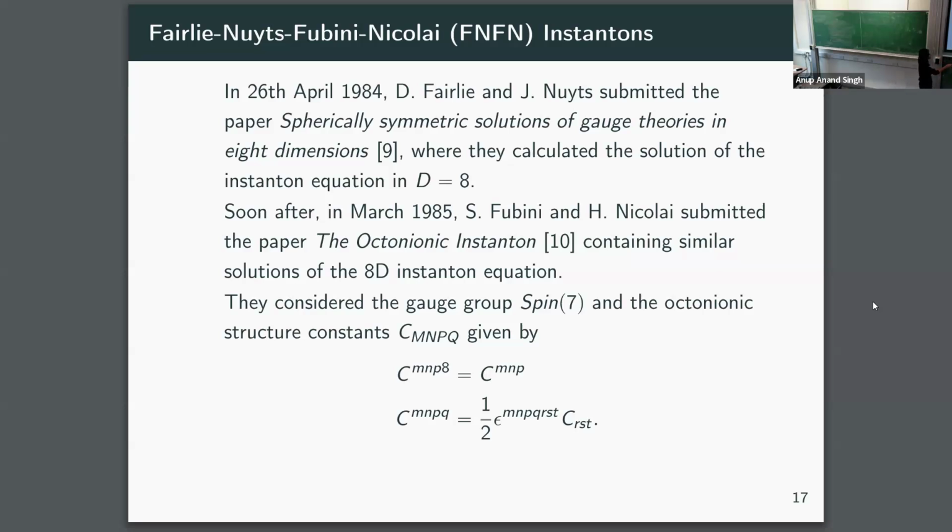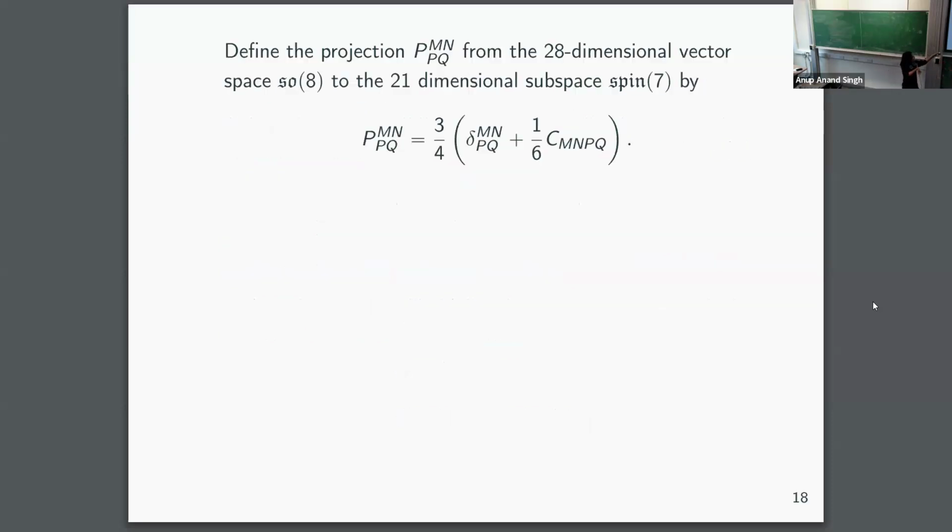Actually, C_MNP is the octonionic structure constant, and you can cook up the C_MNPQ from that using this condition. So this thing is just the Hodge star of the 3-form with these coefficients, and this is how the 8th coordinate is done. So yeah, I'll talk about it later.